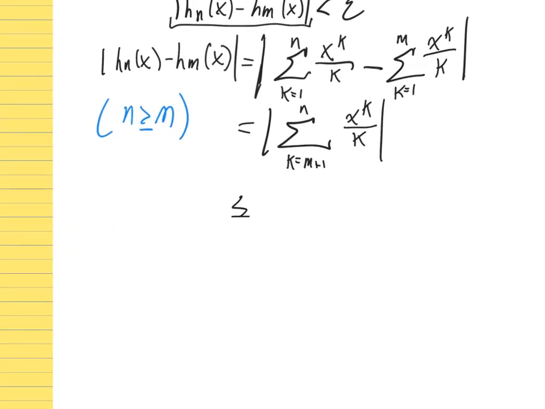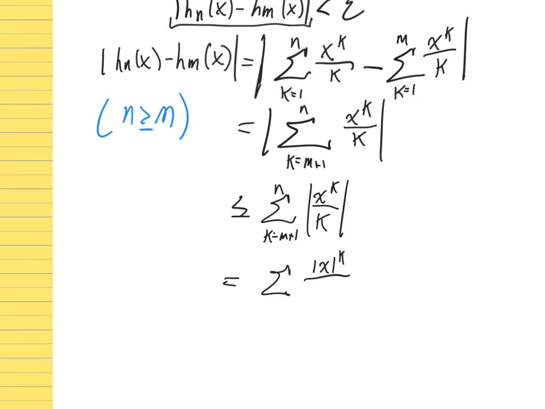That will be less than or equal to, by the triangle inequality, the sum from k equals m plus 1 up to n of the absolute value of x to the k divided by k. Oh, but in fact that's exactly the same as the sum of absolute value of x to the k divided by k.